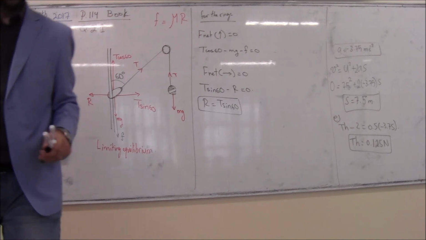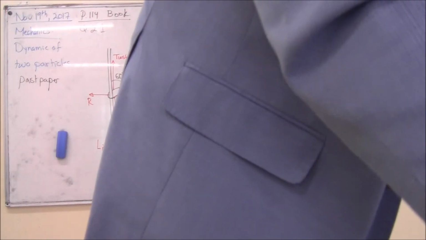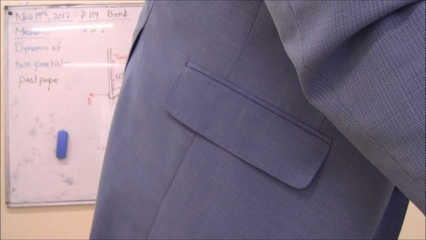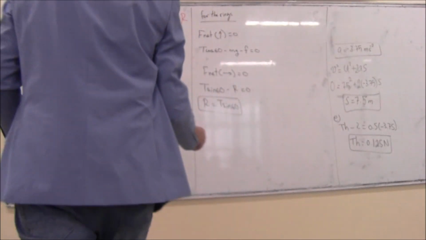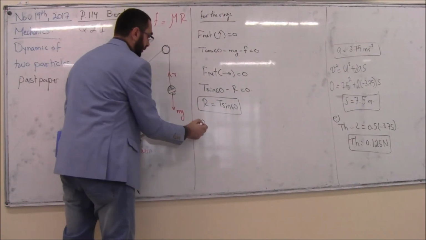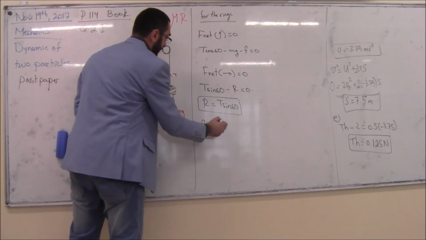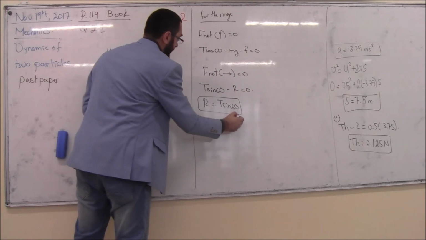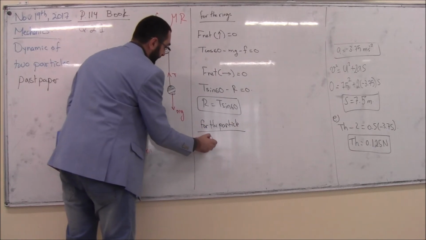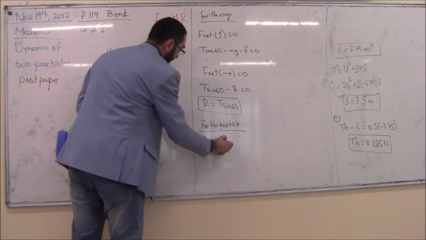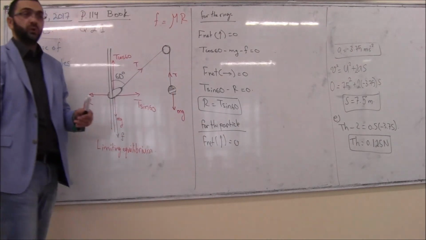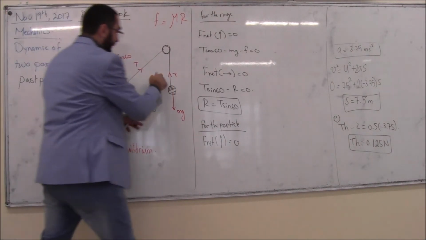For the particle, F net downward is 0. What do we have here?